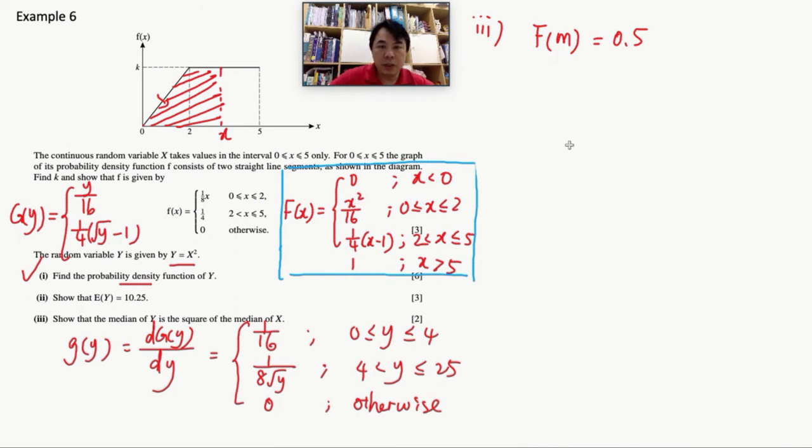Before we do anything, this is a bit challenging because it involves two functions here. But if you refer to the original graph, the first part represents a quarter. So this area is a quarter, this area is a quarter, I just label that.